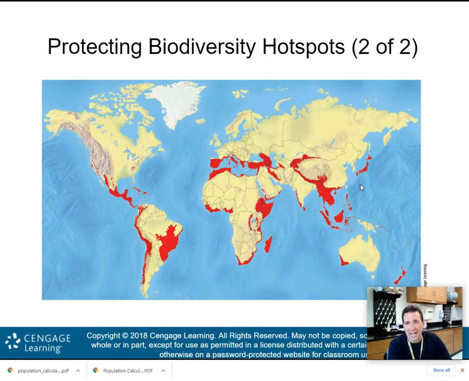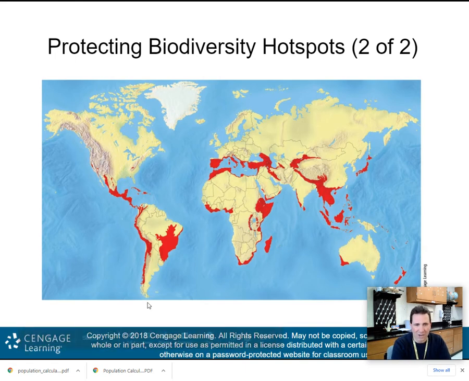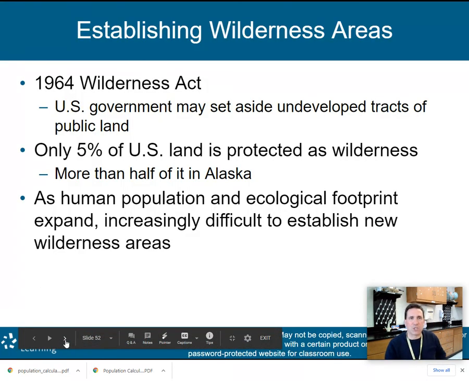Again, these are your biodiversity hotspots, the island of Japan, the island of New Zealand. And these are the areas where we really need to focus on because while they're only 2% of the land mass, over 50% of flowering plants and over 40% of terrestrial vertebrates live in these areas that you see shaded red, these biodiversity hotspots.